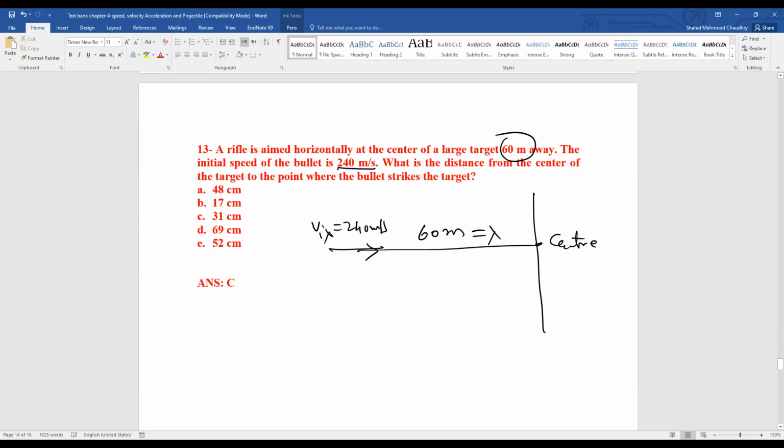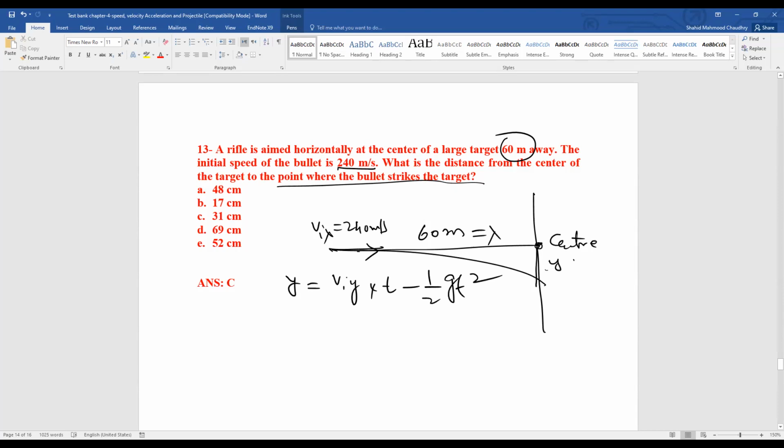So what is the distance from the center of the target to the point where the bullet strikes the target? So the bullet is going like this. Okay. So we need this Y distance from this center. To find this Y, again, we will apply the formula. Y is equal to ViY into t minus 1 over 2 g t square.